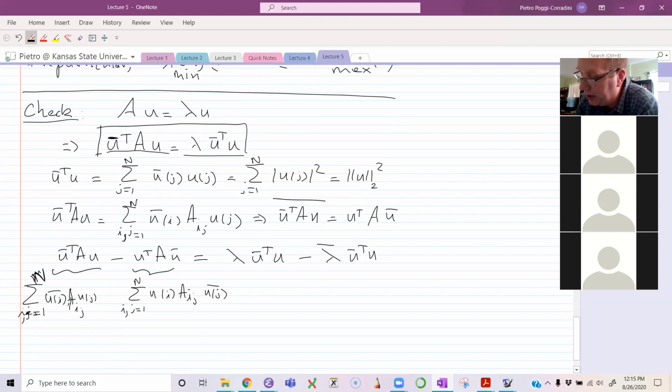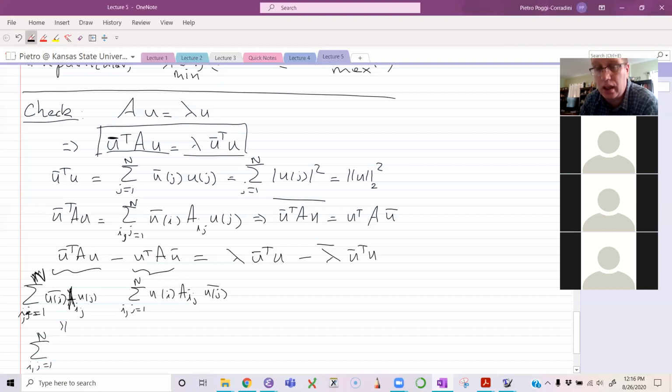How do I show that this quadratic form here, U conjugate transpose AU, is the same as U transpose AU conjugate?